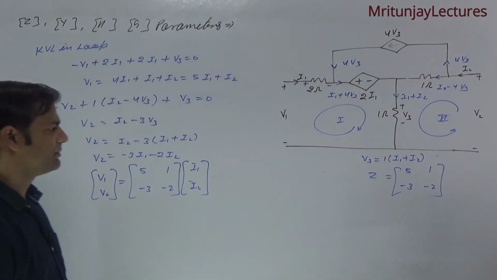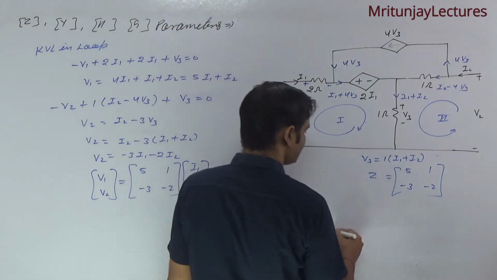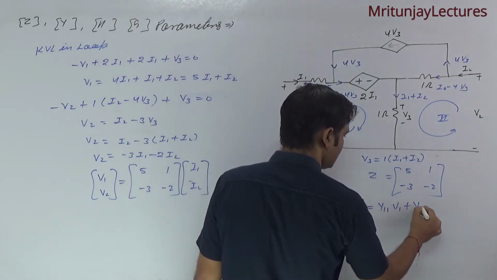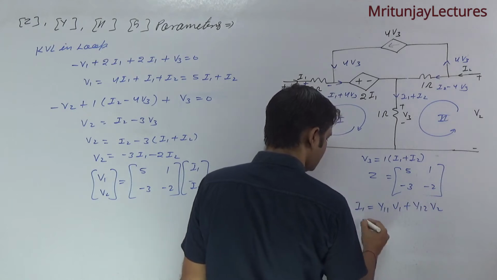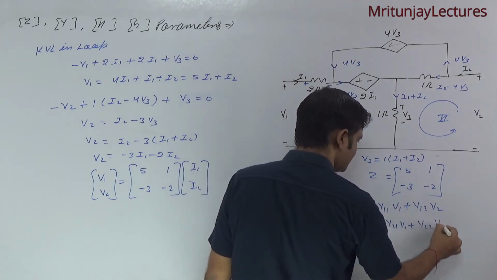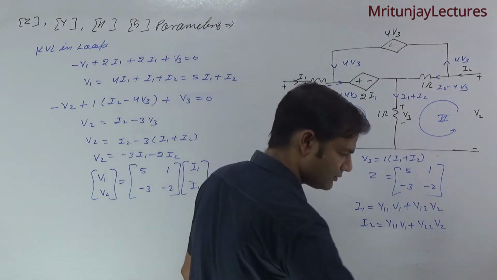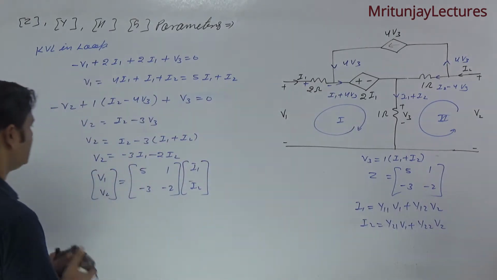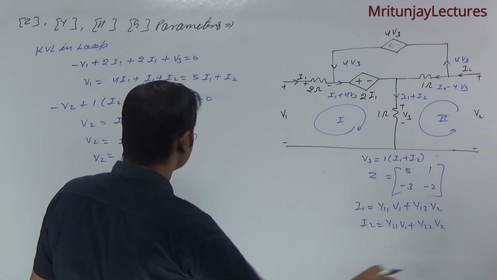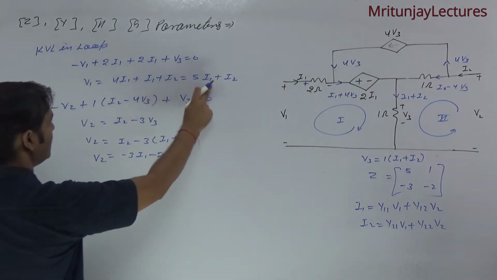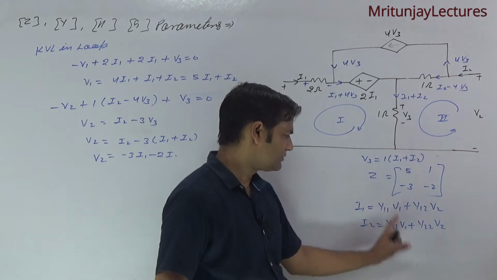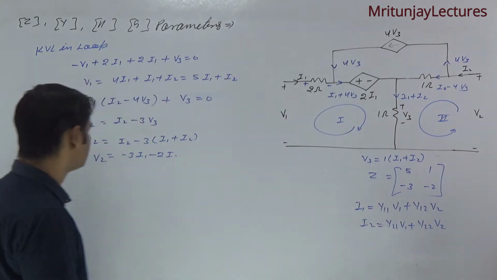How to determine the Y parameter? I know that in the Y parameter, I1 is in terms of V1 and V2, and I2 is in terms of V1 and V2, that is Y21 V1 plus Y22 into V2. Clear? Now how can I solve? From here, I1 in terms of V1, V2 and I2 in terms of V1, V2.